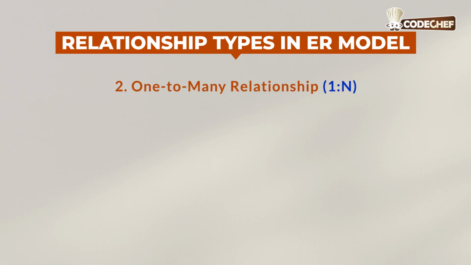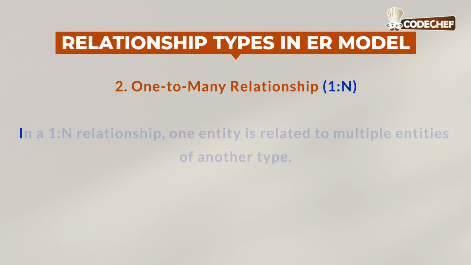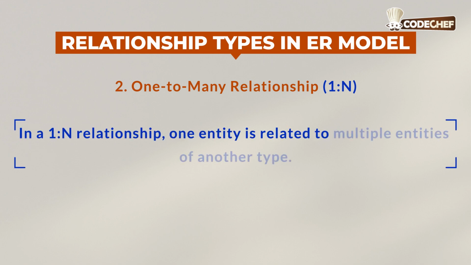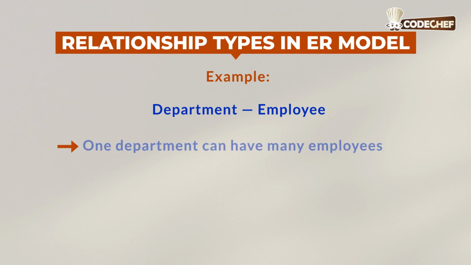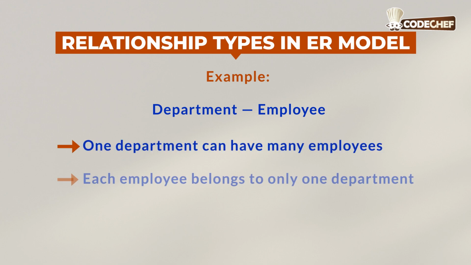Next is one-to-many relationship, which is denoted by 1:n. In a one-to-many relationship, one entity is related to multiple entities of another type. Let's understand this with an example. Department and employee. So one department can have many employees, but each employee belongs to only one department. So one to many.